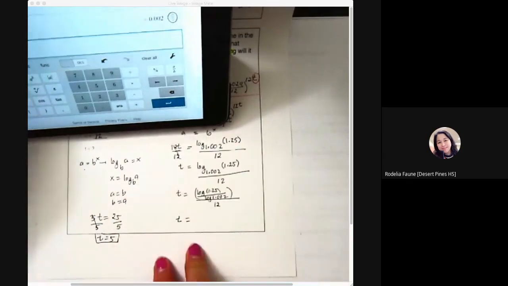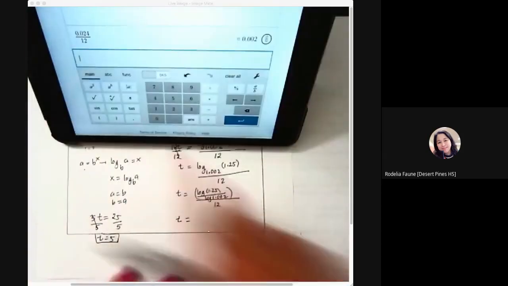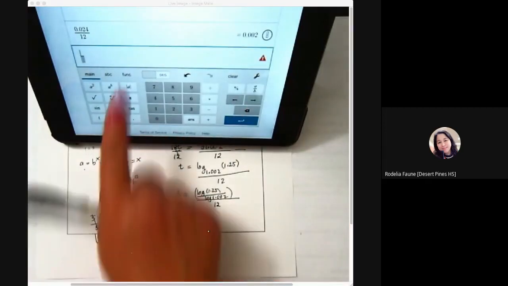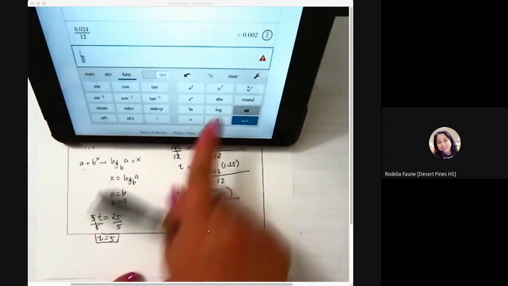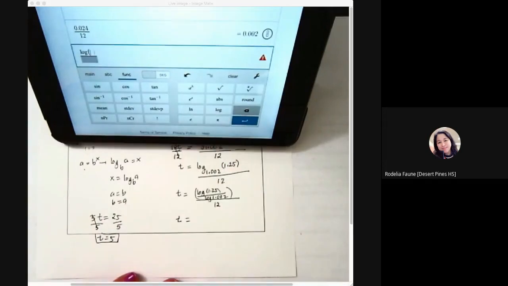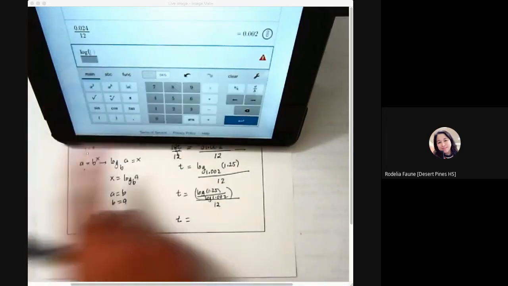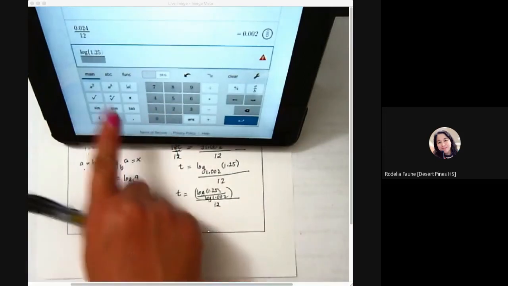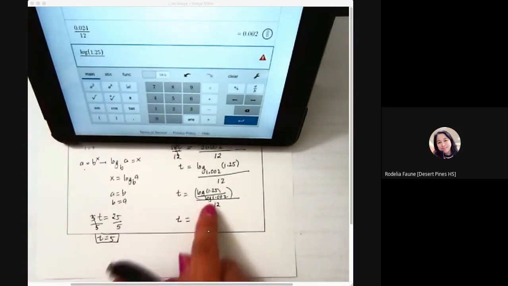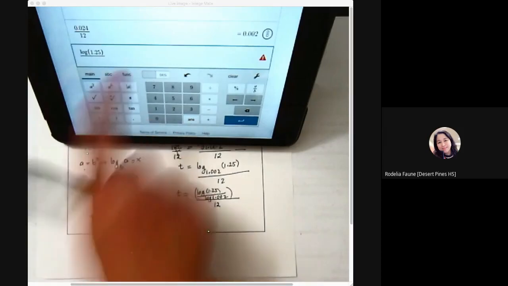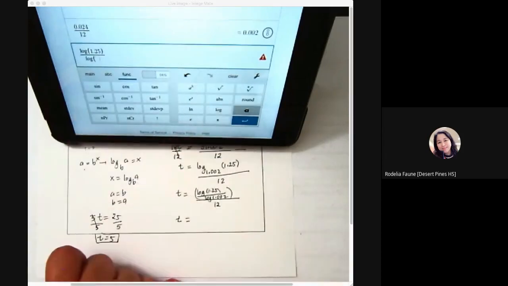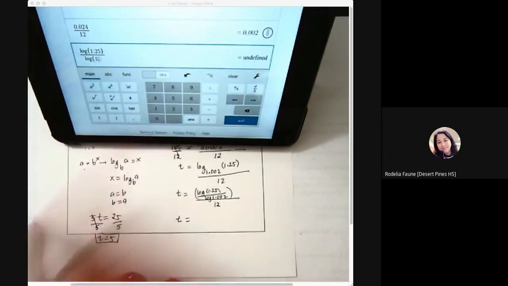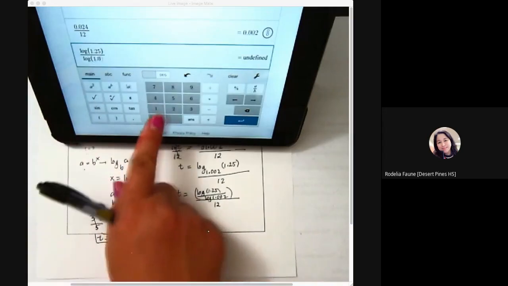Okay, so here, let's go. There is the fraction. And let us enter the log, go to function, press the log, and then go back to the main. 1.25, okay, let's close that, divided by, go back to function again, check the log, enter the number. 1.002.